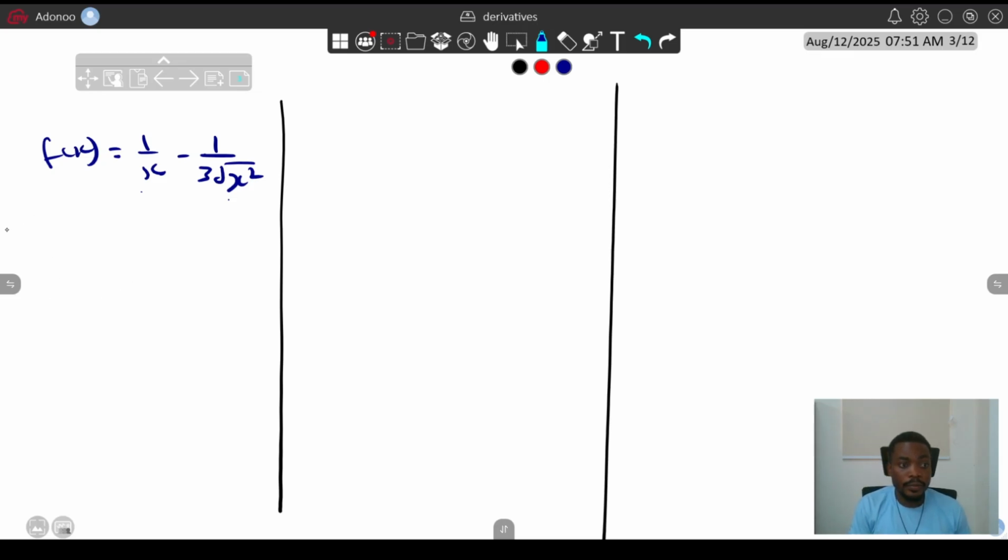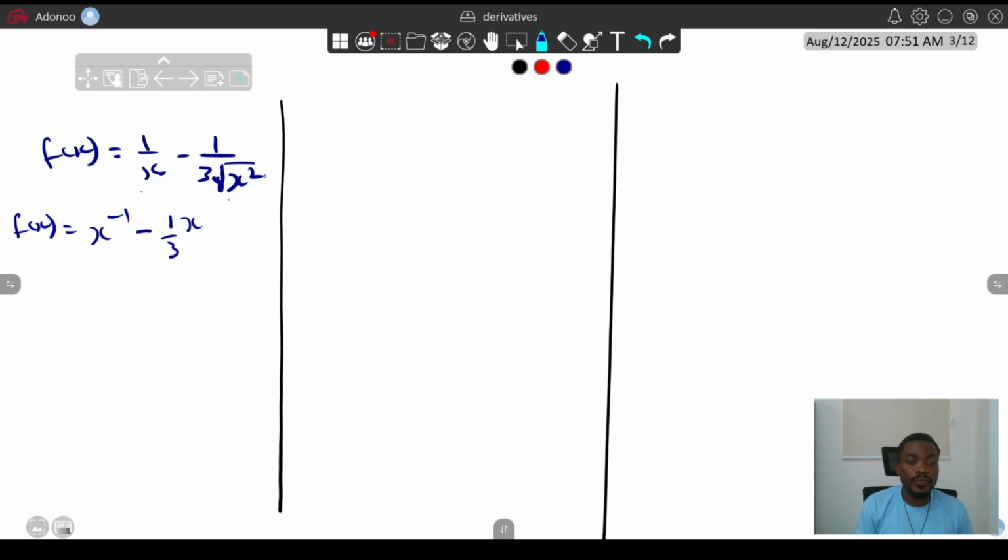So here you can say that f of x is equal to x raised to the power minus 1, according to indices, minus 1 over 3 x raised to the power... Okay, so this is a cube root.